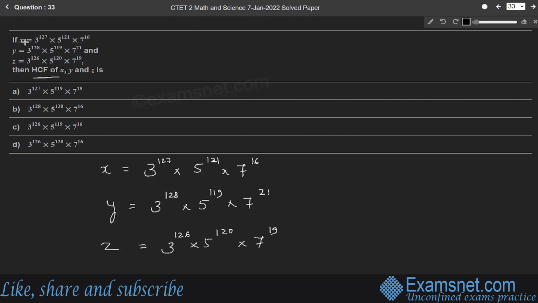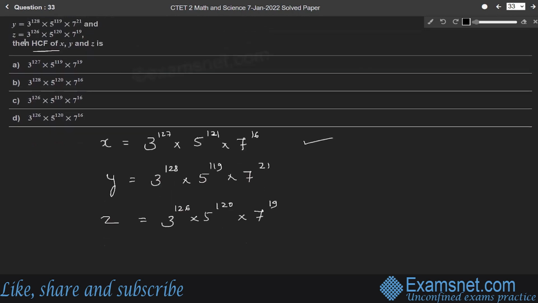So we have to find the highest common factor. Before that, consider factors of any number. If you take a number x, its factors are always less than or equal to the number. For example, the factors of 20 are 1, 2, 4, 5, 10 and 20. 1 is one of the factors of any number, right?